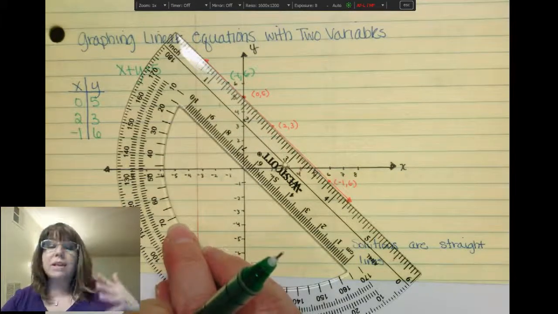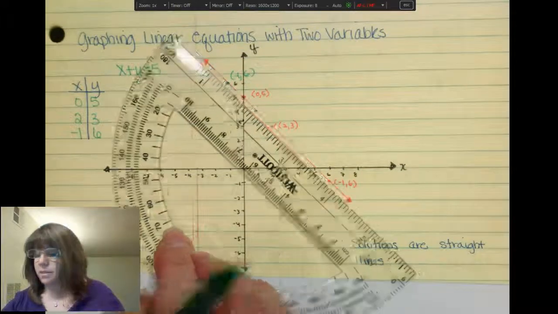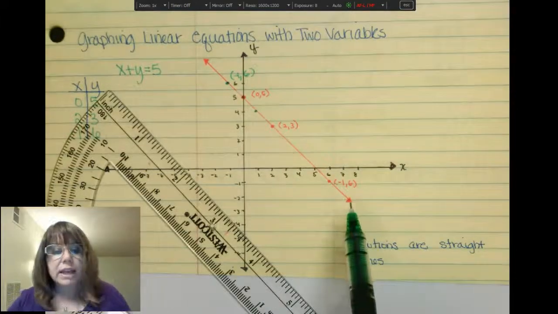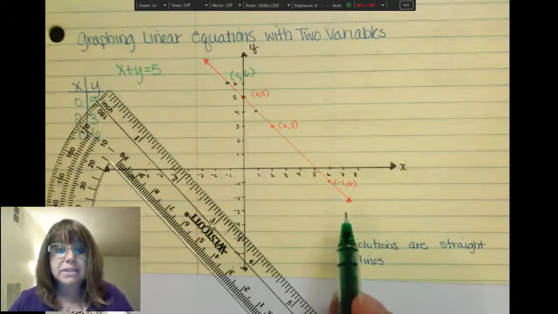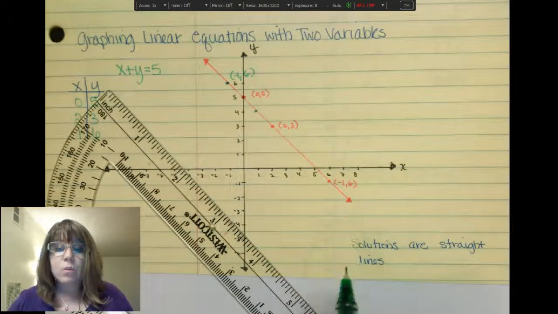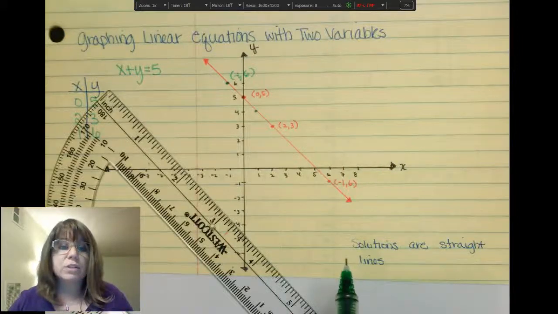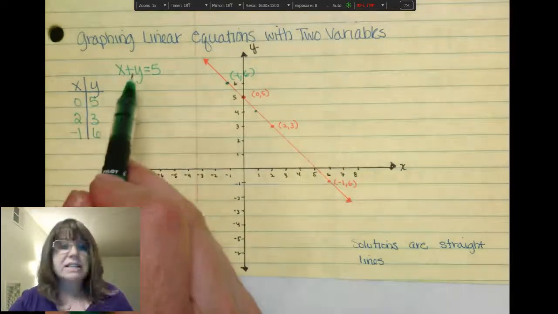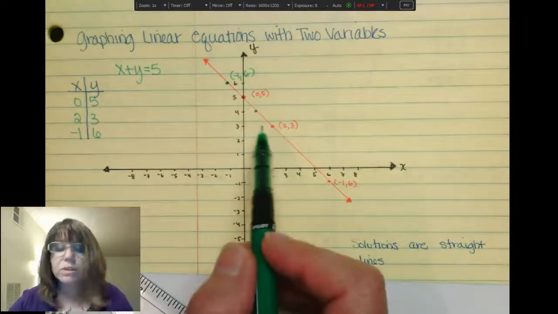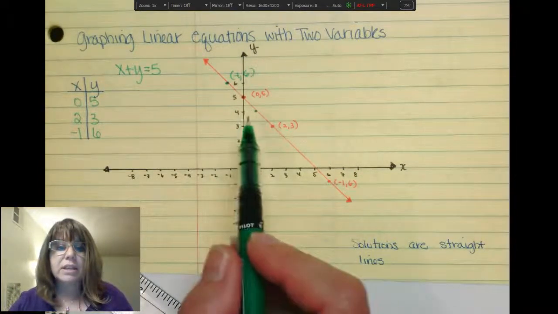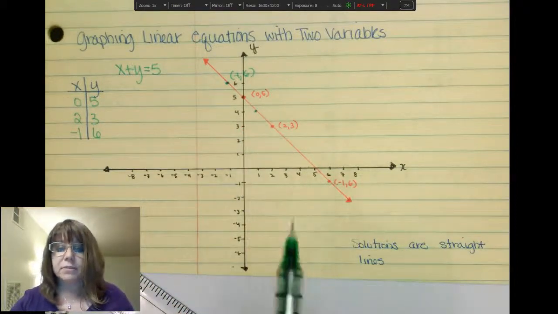What I want is to run through the numbers, creating a line, and then putting an arrow at each end of our line, and that will give us every single solution that fits this equation. It's a line. It's not only the whole numbers, it's everything in between, hence doing a line.